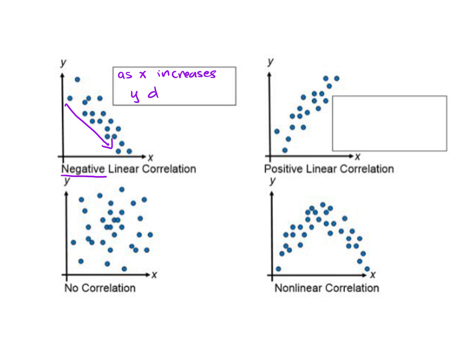As we go to the right on the x-axis, you're going down the y. For our positive linear, we can see we're going uphill like a positive slope. So as x increases, y increases.